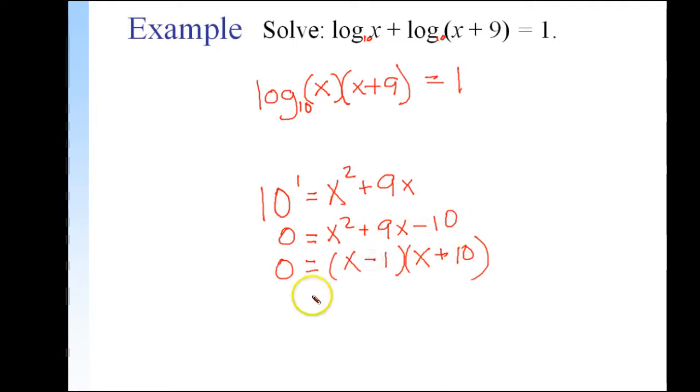This is negative. We then get our answers. X equals 1 or x equals a negative 10. Now we had said that we can't have logs, they're undefined, of a negative value. So we reject this one, and this is our answer.